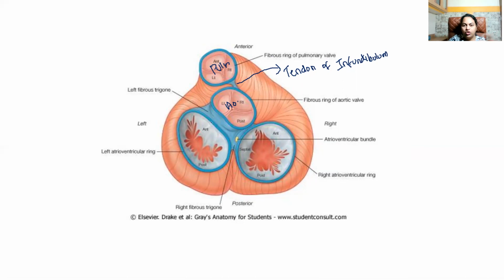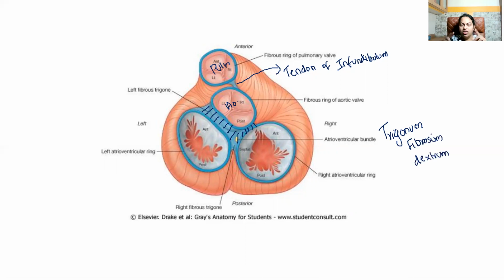Similarly, you can see a huge mass of collagenous tissue between the aortic annulus and the right and left atrioventricular annulus. This entire thing is going to be called trigonum fibrosum dextrum.